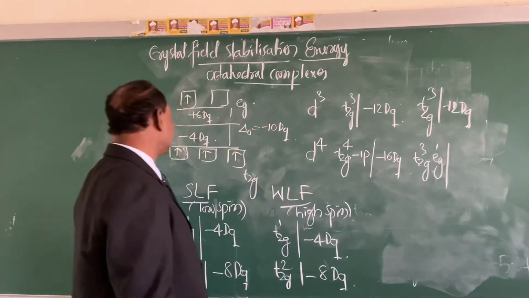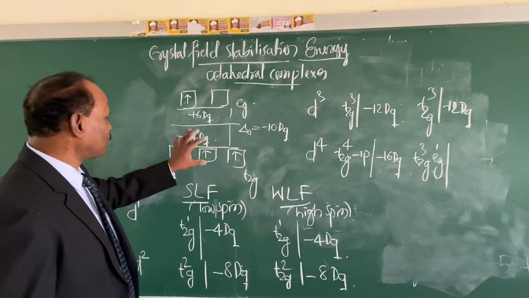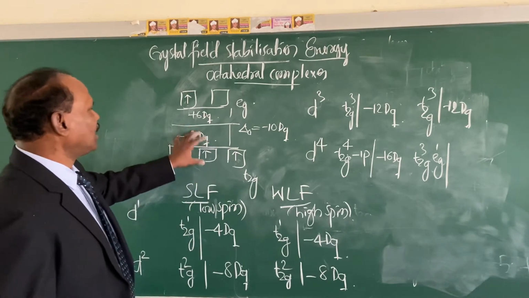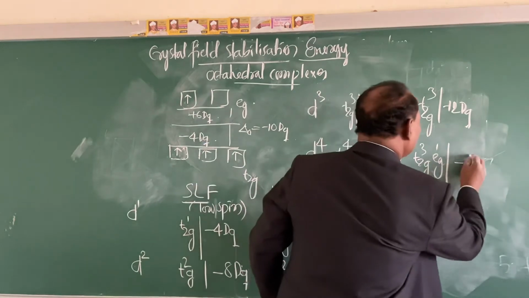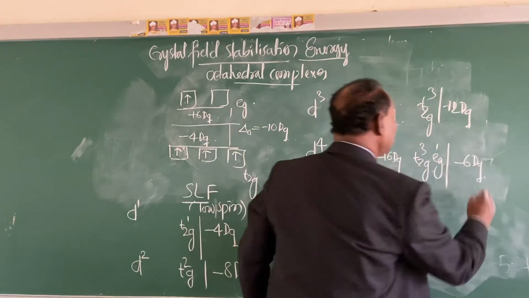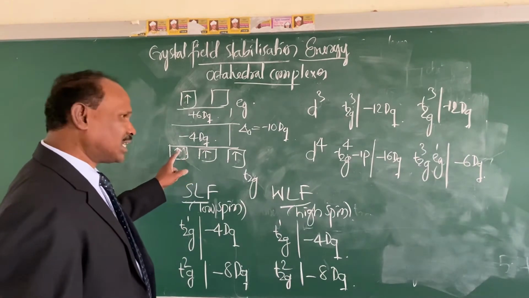What is its energy? 3 electrons in t2g give 3 times 4, which is 12, so minus 12 plus 6. It becomes minus 6 Dq. Followed what I have written? The fourth electron is not getting paired here.